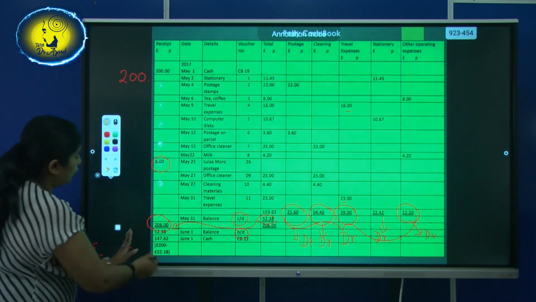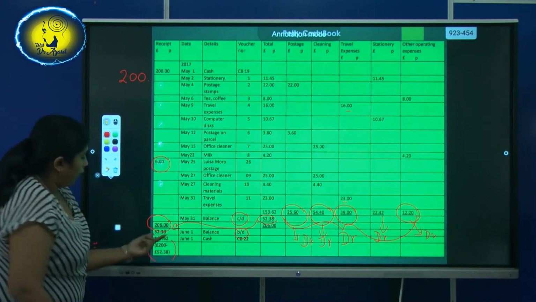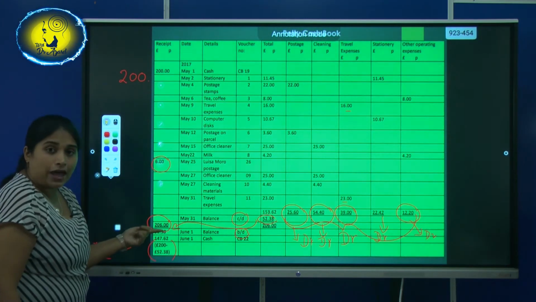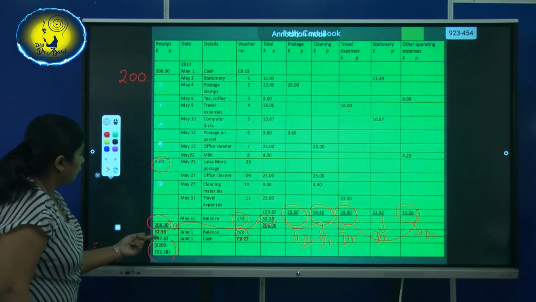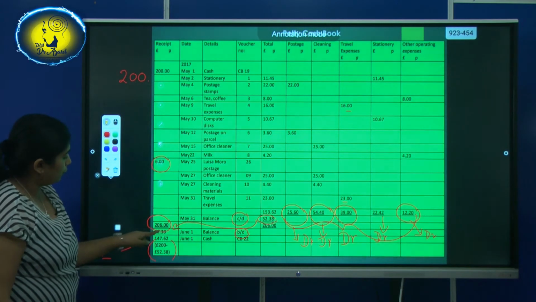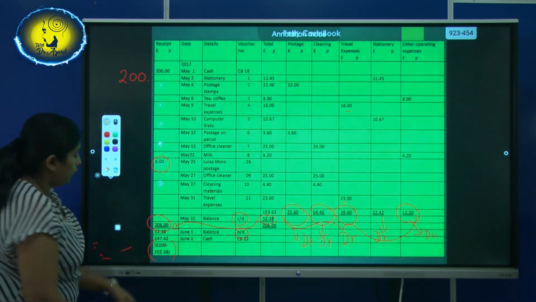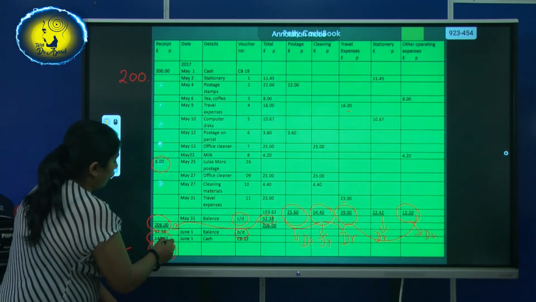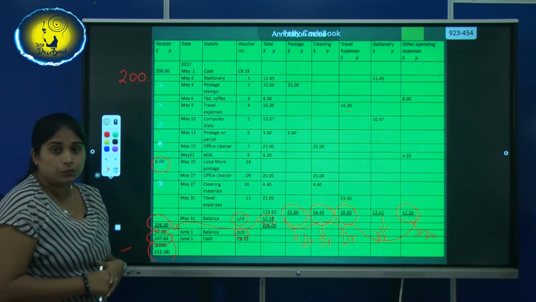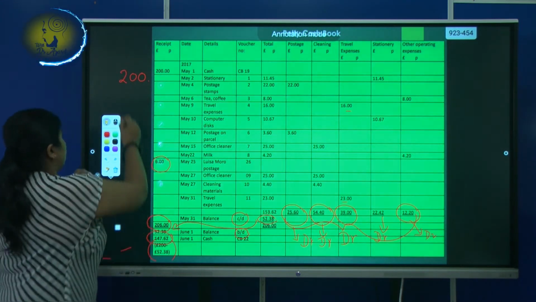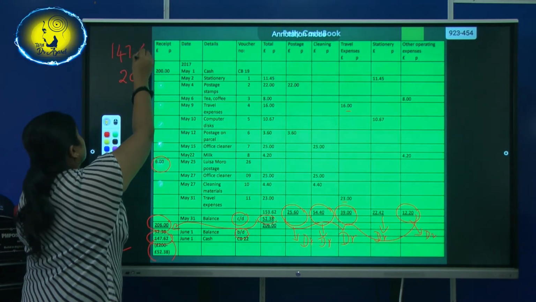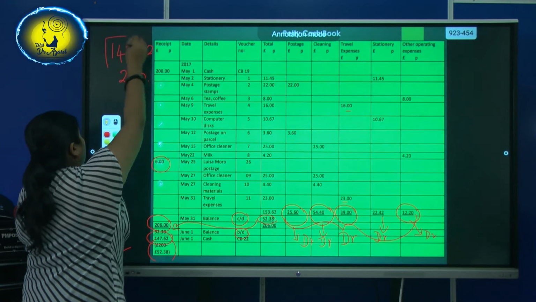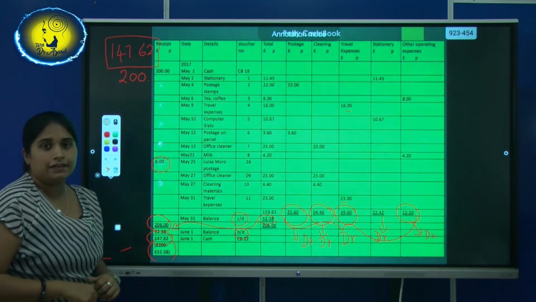So you have to find the balance. How to find it? The amount which you have in your hand should be subtracted from the cash float. Then 200 minus 52 pounds and 38 pence, you will get 147 pounds and 62 pence. So 147 pounds and 62 pence should be collected from the main cashier.